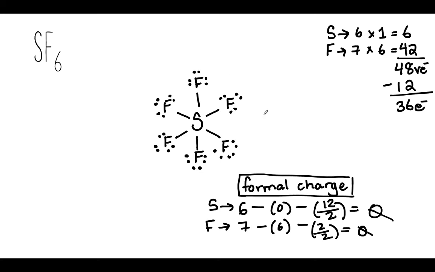So you always want to make sure that you do all of these steps first, and then try to satisfy and make sure that the formal charge is consistent. Even though this seems like it is wrong, it is correct because the formal charge of all of the elements is 0. And there's no other way to bond it other than this.